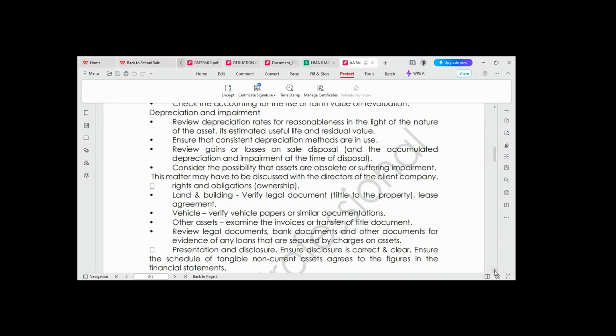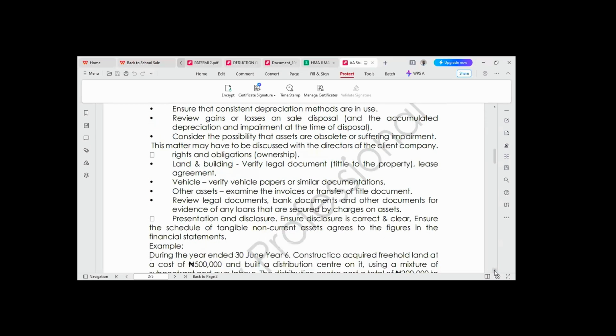Then, as per presentation and disclosure, the auditor will want to check that all the disclosures that have been made, that's notes to the account, are correct and clear. And the auditor will also request for the schedule, that is the asset schedule, and see whether the non-current assets agree to the figure in the financial statements.